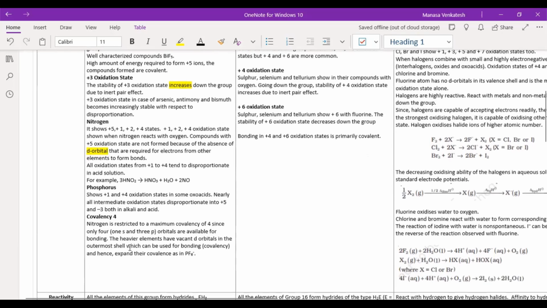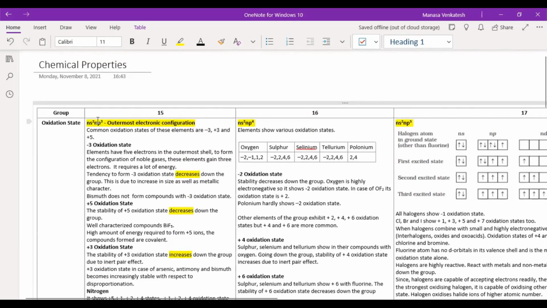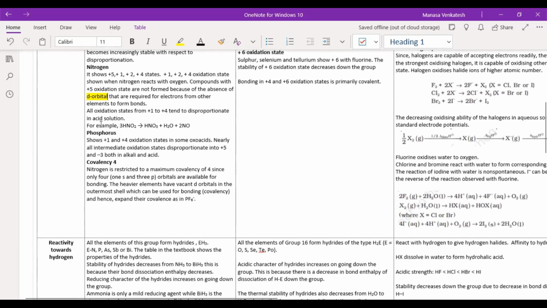Covalency 4. Nitrogen is actually restricted to have a maximum covalency of 4. And the reason for this is because it has 1 s and 3 p orbitals available, which means it has only 4 orbitals which are available for bonding. And after that, it does not have a d orbital for bonding to take place.